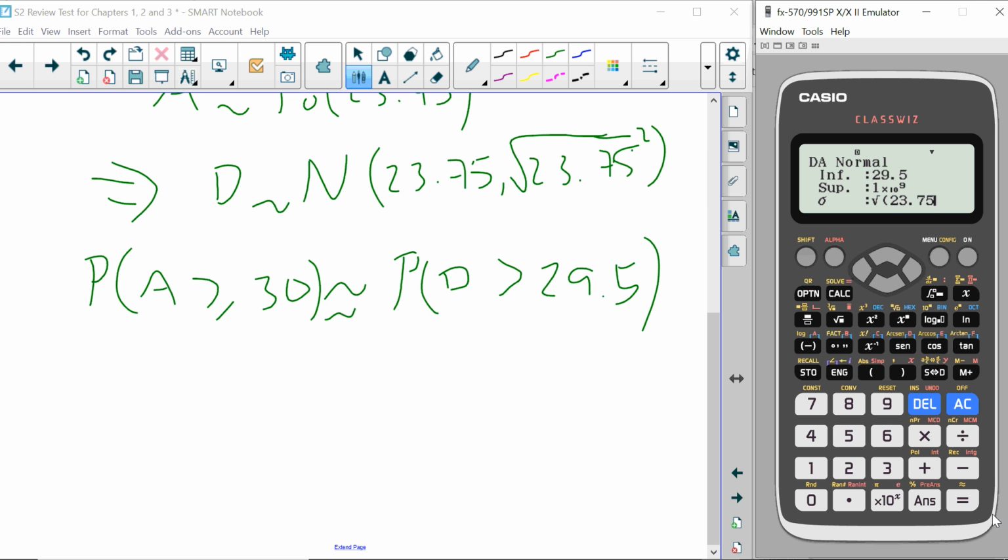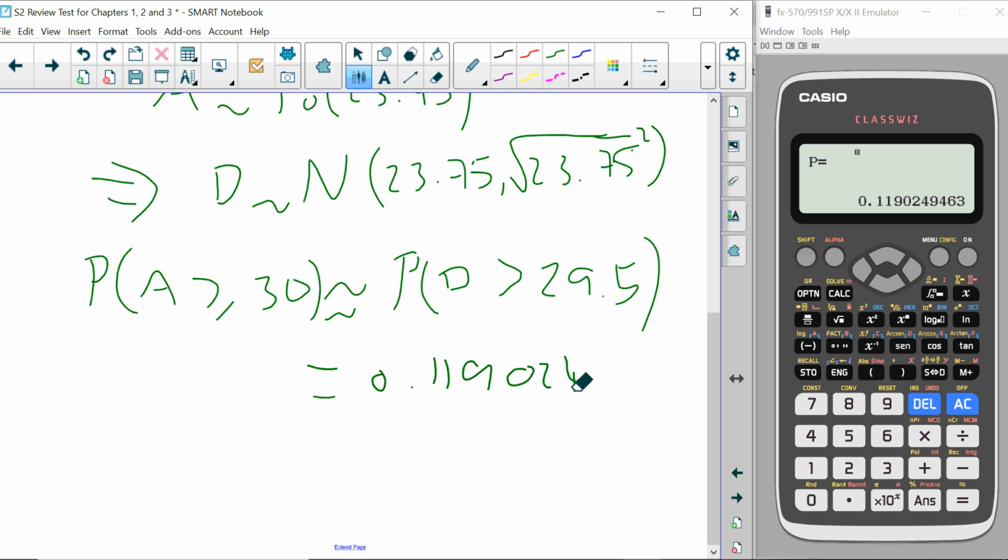I put that square root in to remind me to do that. My mu is 23.75. This now gives me a probability of 0.1190249463, which is the same as 0.1190 if you want to write it to 4 significant figures.